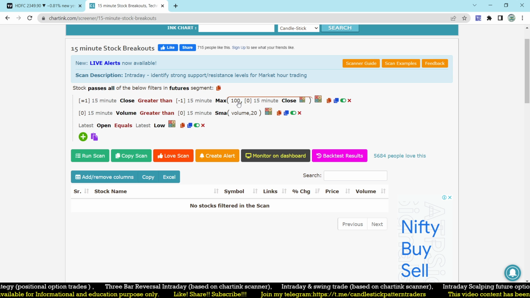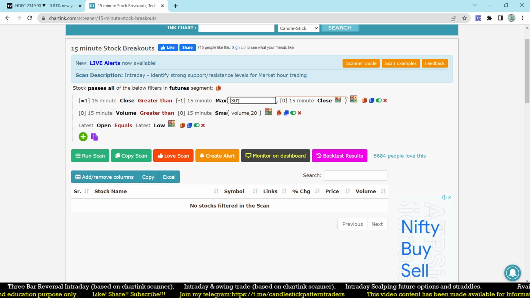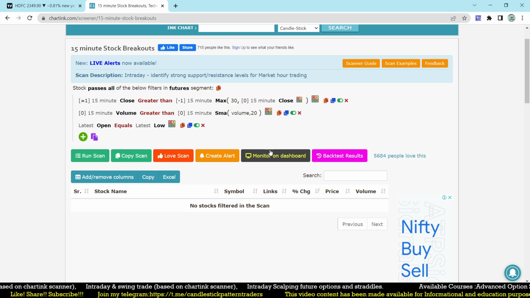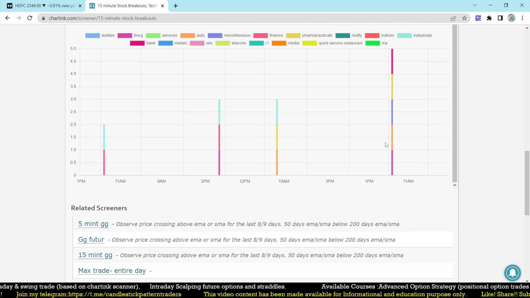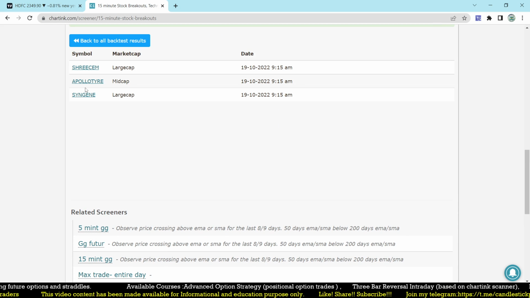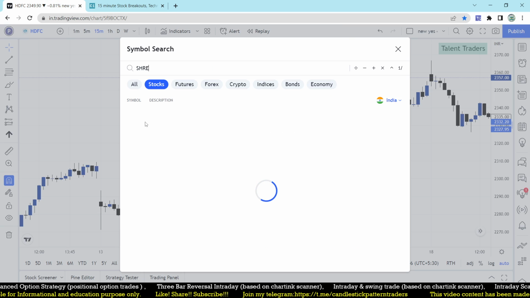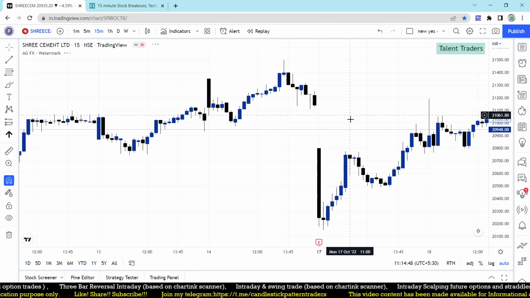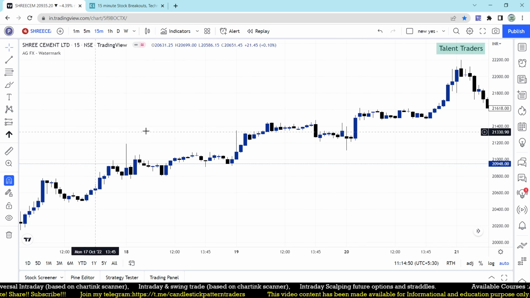You can even decrease the number of candle size. For example, if I make it 30 and check, maybe we get a lot of stocks here, and here there would be 3 stocks. The extra one is on the 19th. What happened on the 19th? Let me check.